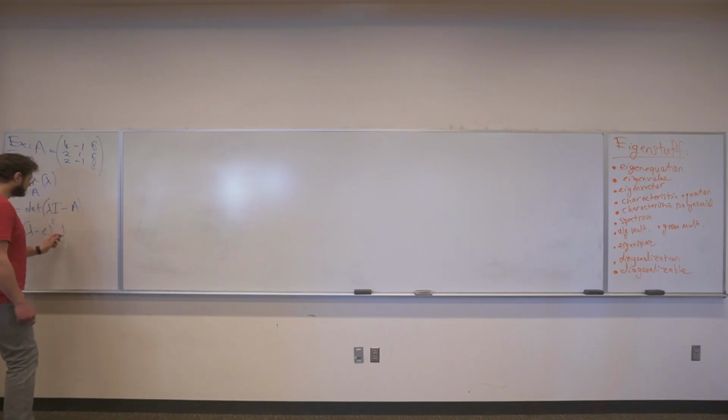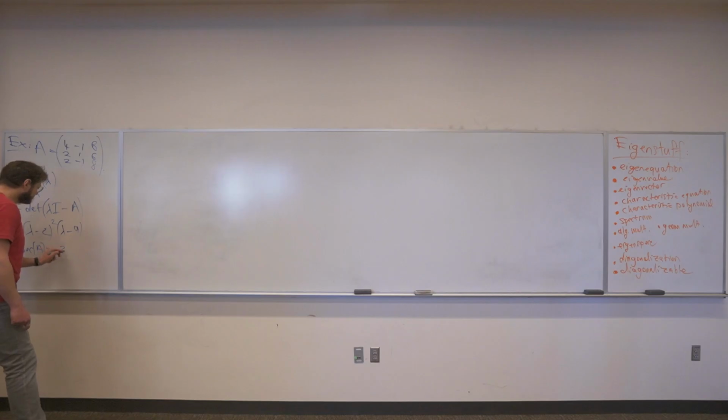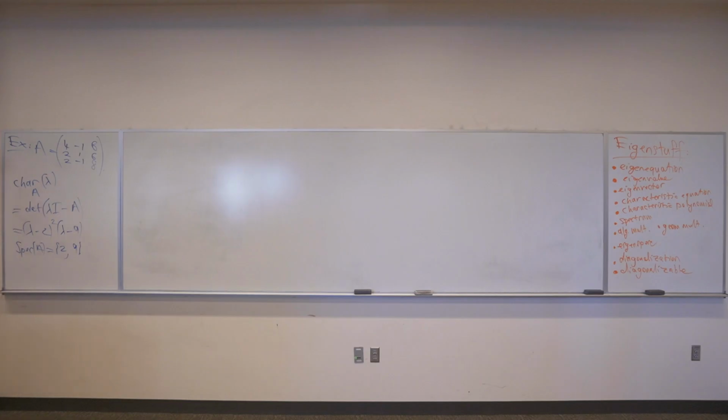Lambda minus 2 squared times lambda minus 9. And so we said, based on this, I have 2 distinct eigenvalues, or 3 eigenvalues with multiplicity. So I can just say spectrum of A is the set that consists of 2 and 9, these 2 numbers. That's a spectrum.